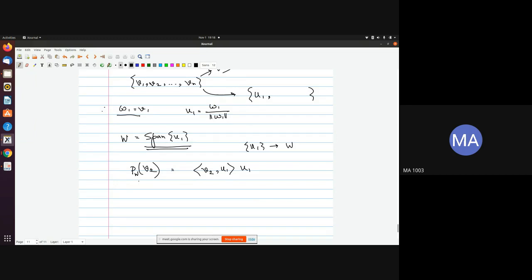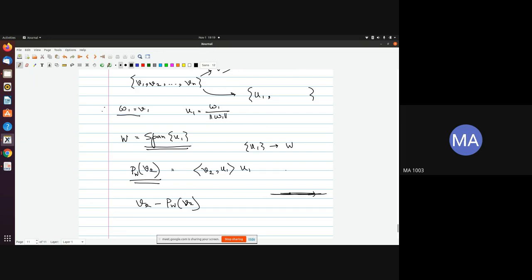Now I got this projection vector. If I subtract it from V2, the resulting vector is orthogonal to U1. Suppose I have U1 here, and this is the subspace generated by it.